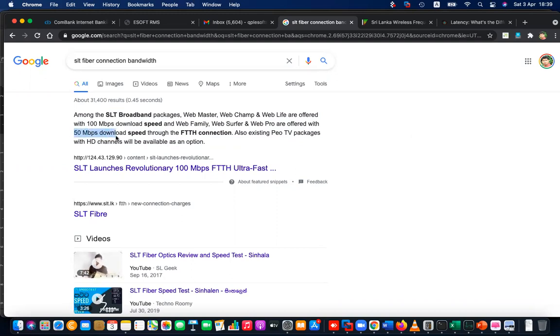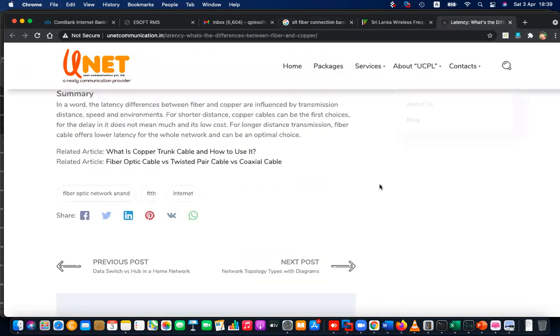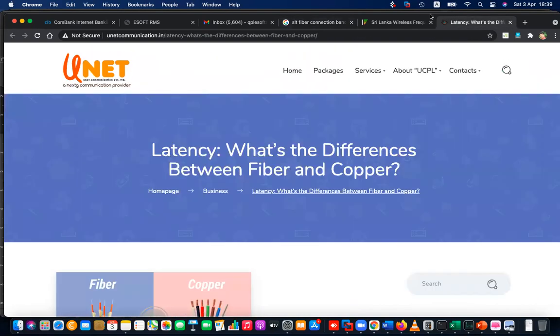Actually, when you measure, it is like 40 plus some amount, right? That is the throughput. That is what is delivered. It promised the maximum bandwidth of 50, but actually 50 will not be delivered. So you can see the difference between throughput and bandwidth.